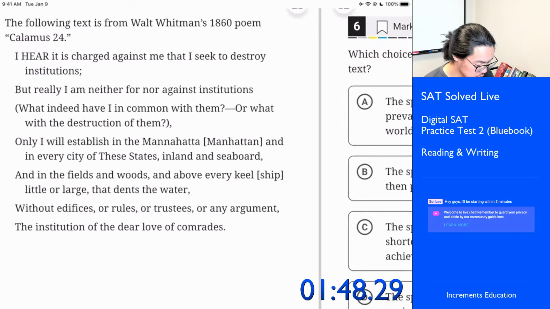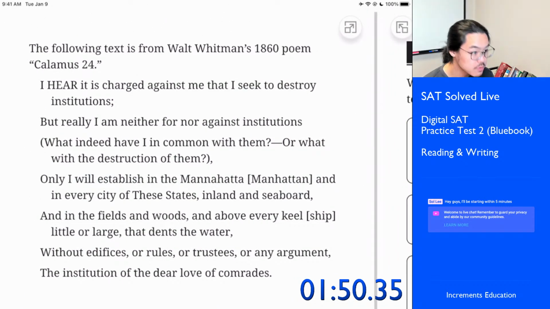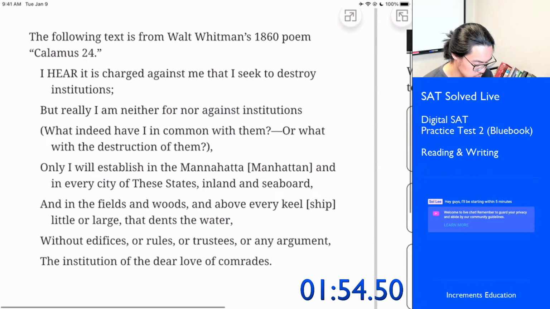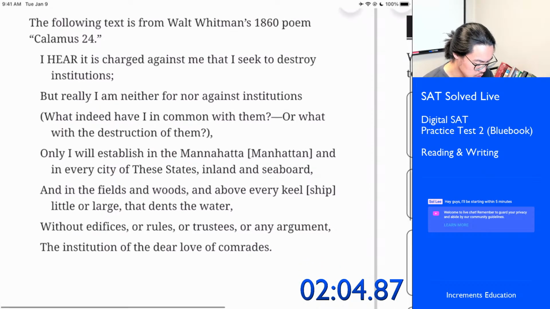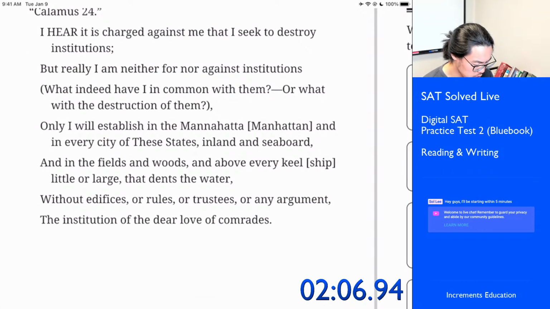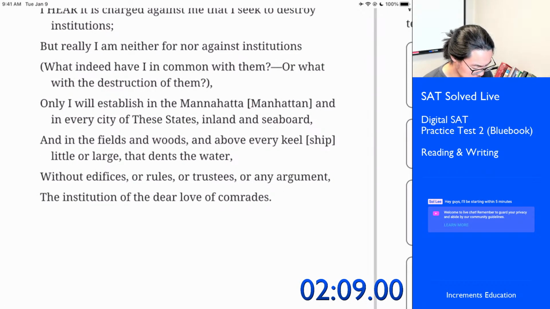Now we're in the analysis section, starting at 6. I have seen this question before, but I'll walk you through my prediction here. Calamus 24, it's charged against me. I seek to destroy institutions, but I'm not for or against institutions. I don't have anything in common with the institutions.